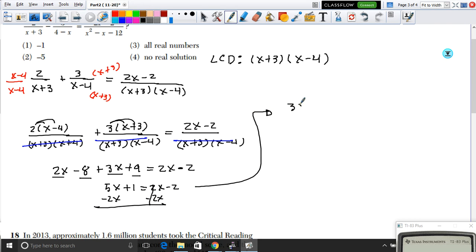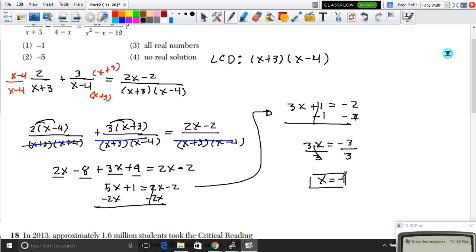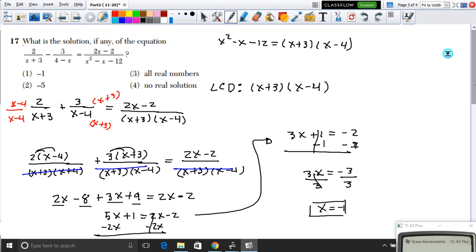Now we have 3x plus 1 equals negative 2. Subtract 1. Now we have 3x equals negative 3. That means that x equals negative 1, which, if we look at our options, is option 1.